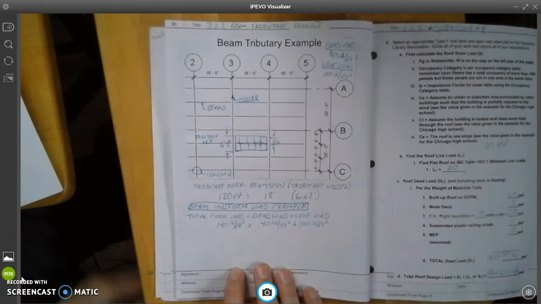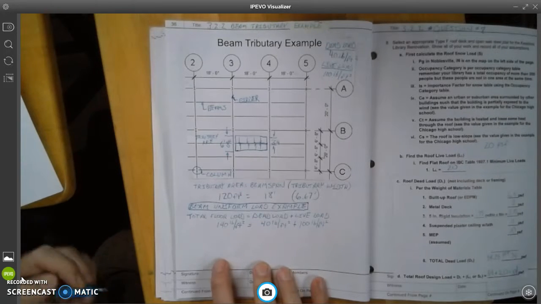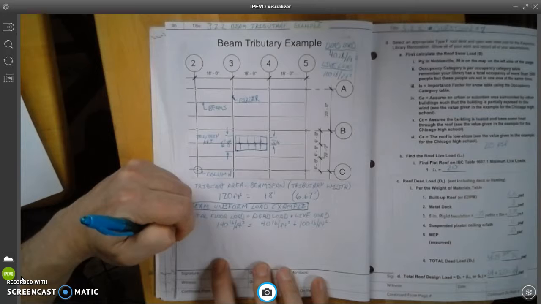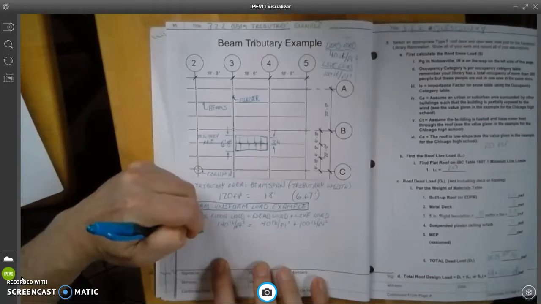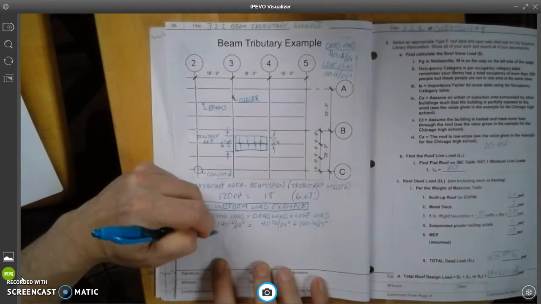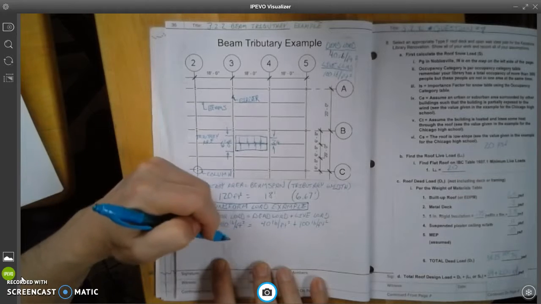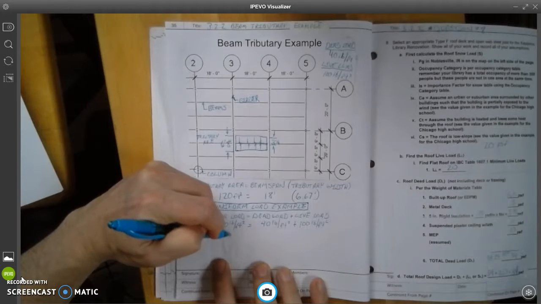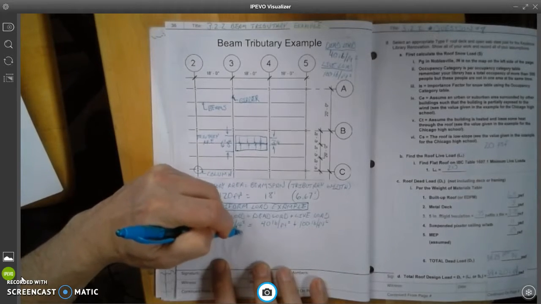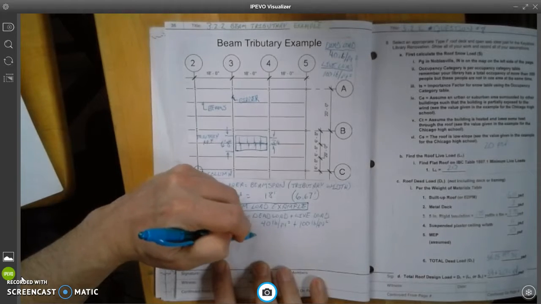Alright, now we're going to actually calculate the uniform beam load. So I'm going to write that right here. Uniform beam load.